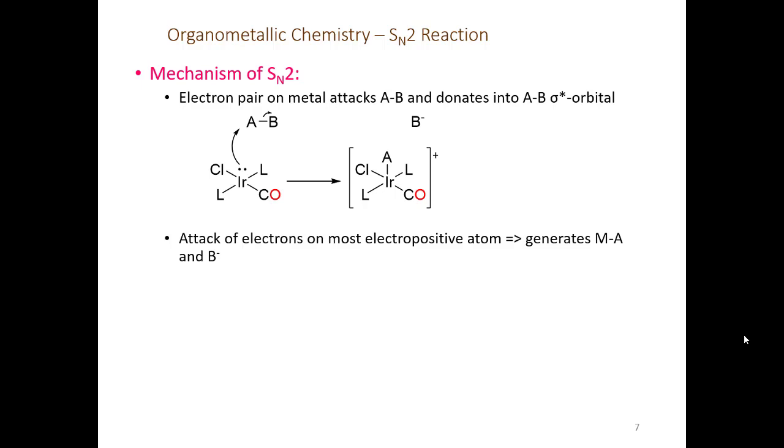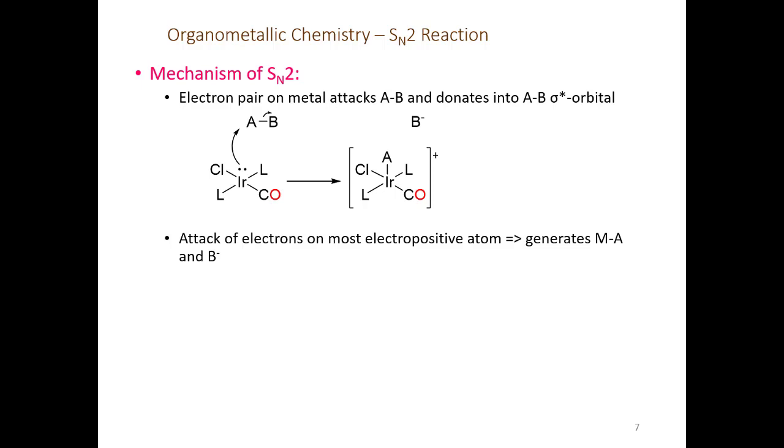It's also important to note that in this initial step of your SN2 oxidative addition, your metal center is oxidized by 2 electrons, and that's why the charge on the iridium complex goes up, and B is needed as a counterion to ensure that charge is conserved for this reaction. So this SN2 mechanism for oxidative addition is very, very similar to an organic reaction where you have a nucleophile and an electrophile.